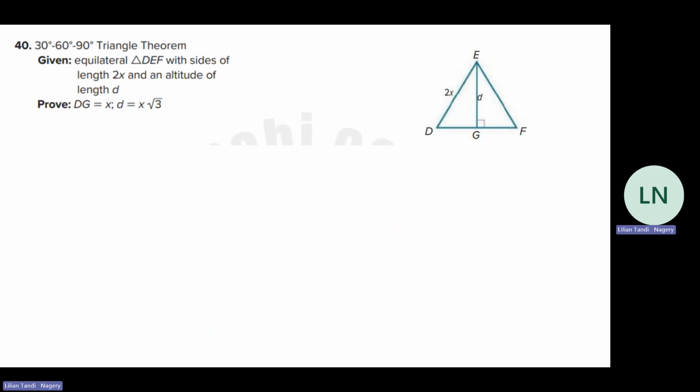All right, let's move on. Prove that DG is x and D is x square root 3. Okay, so if this is 2x, this has to be x, and this has to be x square root 3, because this is a 30-60-90 triangle.